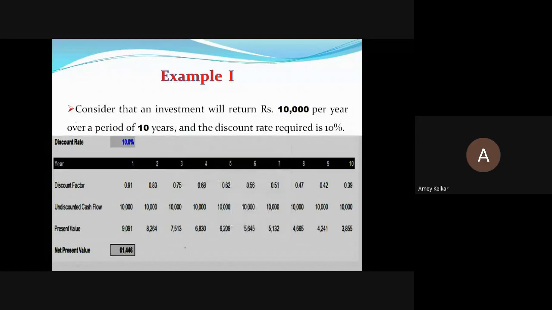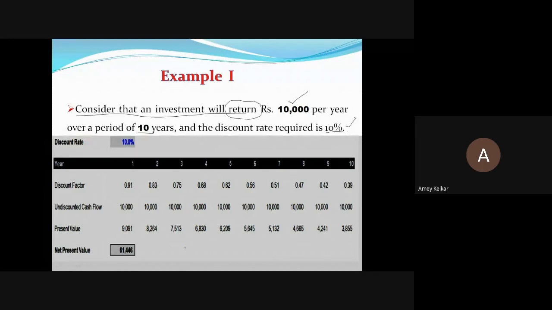We don't know what the investment is, we are not thinking about it, but we are bothered much about the returns. So how much return I am expecting is 10,000 per year over a period of 10 years. So my term here is 10 years, and I am applying a discounting factor, or say rate of interest or rate of return, whatever you say, as 10%.